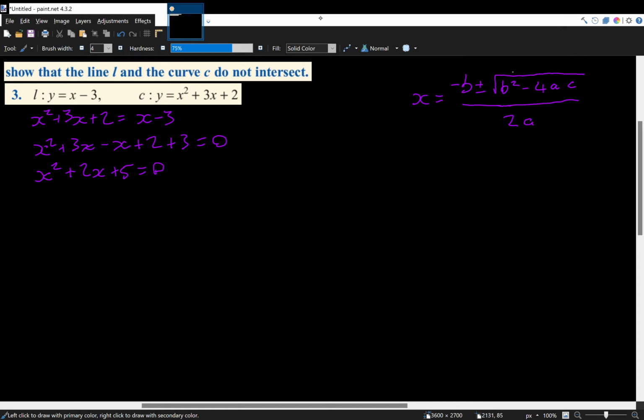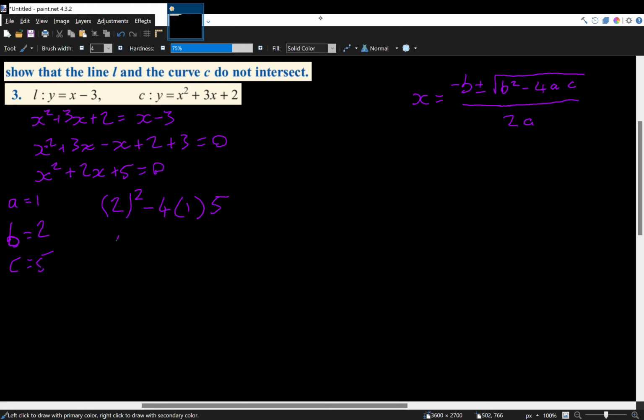So rather than do the entire formula out, we're just going to take the bit under the square root, the b squared minus 4ac, and work that out. So from this, our a is equal to 1, our b is equal to 2, and our c is equal to 5. And if we put that into this here, we're going to get 2 squared minus 4 times 1 times 5.